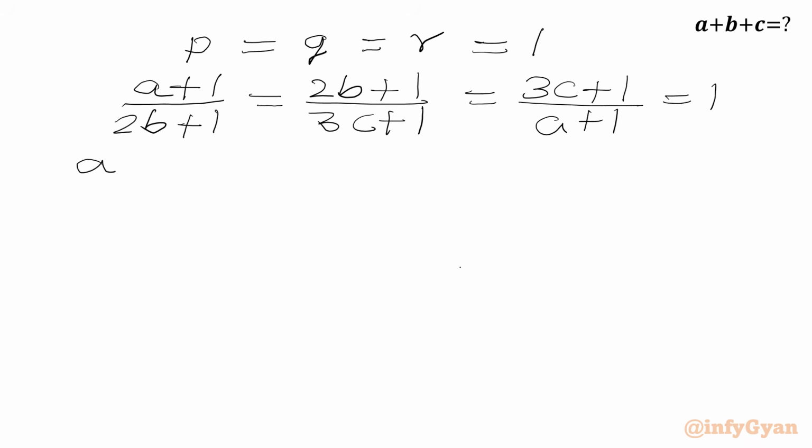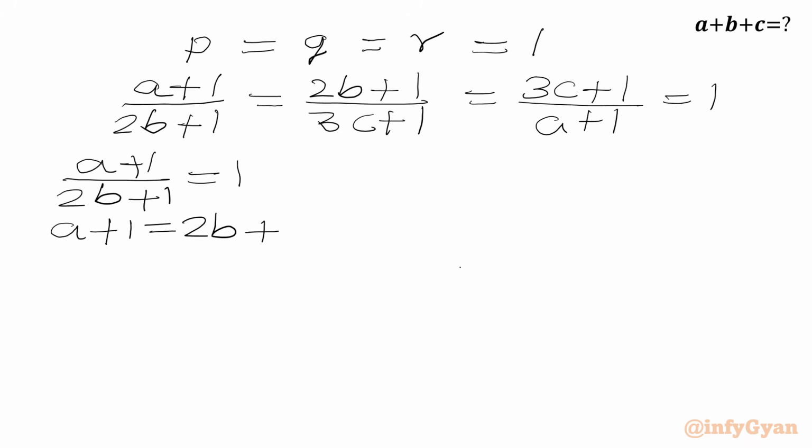So let's write here a plus 1 over 2b plus 1. If it is equal to 1, we will cross multiply. a plus 1 should be equal to 2b plus 1. We will subtract 1 from both sides. We will get a equal to 2b.